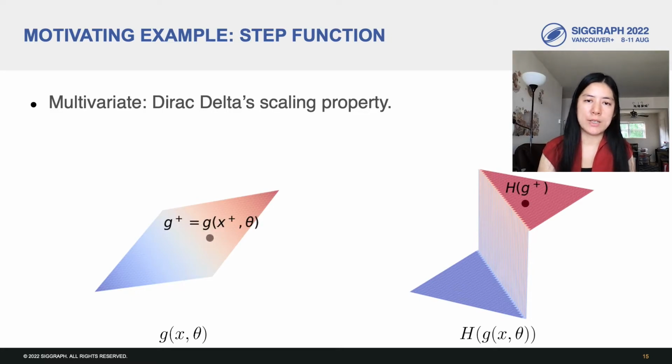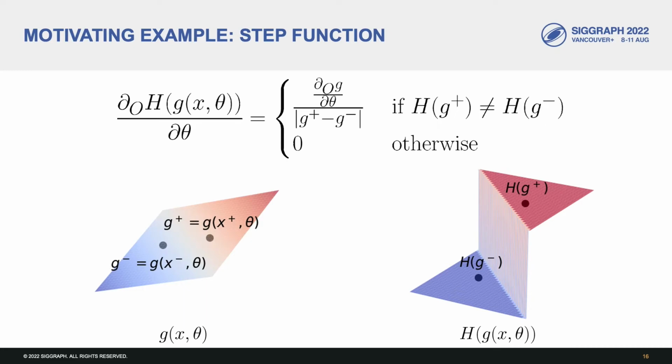Similar to the 1D case, we draw two samples denoted as the plus and minus. In the multivariate case, we need to additionally apply the Dirac delta scaling property to derive the correct result. This is our final rule for differentiating step functions, and similar to the 1D case, it's equivalent to differentiating the prefiltered function with the box kernel. Note that this is a very different result than in AD, where the gradient is 0.